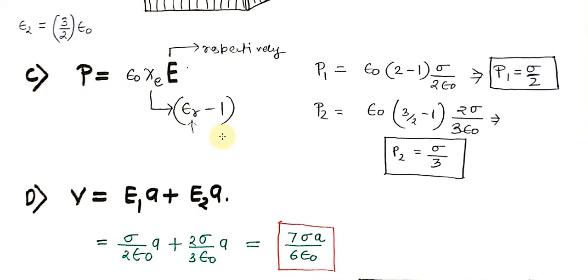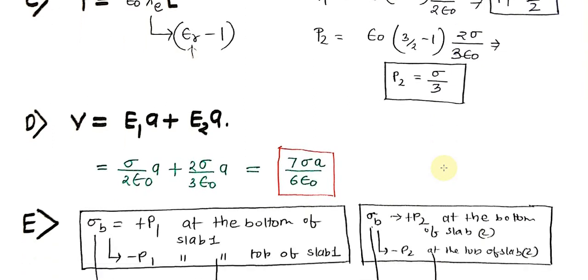We need to find the polarization vector so that we can find the value of bound charges present on the surface of the dielectric. So chi E can be written as relative permittivity, that is dielectric constant, minus 1, and overall the formula can be written as epsilon r minus 1 into epsilon naught times the electric field. So for P1 we will just put it in the formula, and then we'll get P1 is sigma by 2 and P2 is sigma by 3.